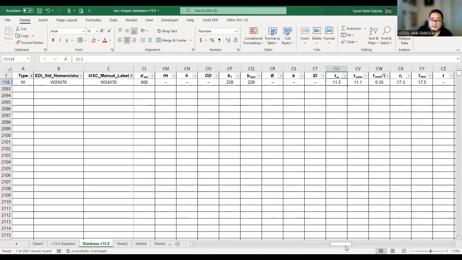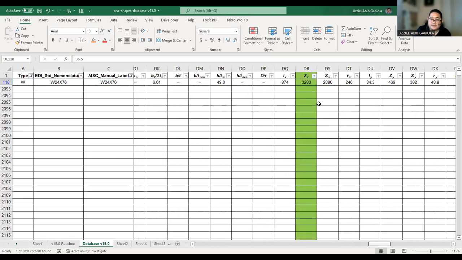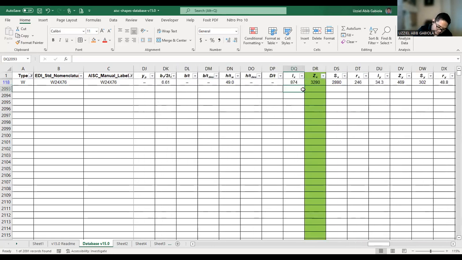Ang depth natin is 607. Ang K1 natin is 36.5. ZX and IX natin, ito, IX natin is 874 times 10 to the 6 mm to the 4th. Then ang ZX is 3280 times 10 to the 3 mm to the 3. Okay? So, going back sa slide natin.